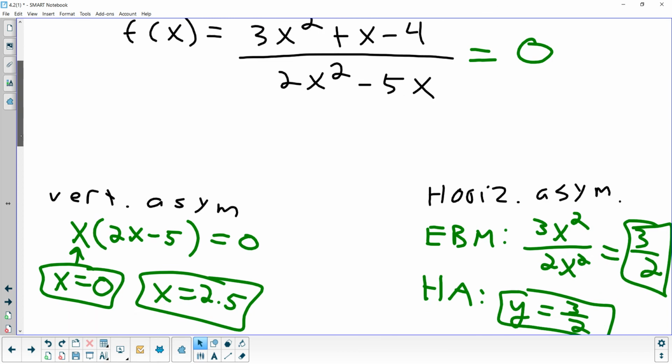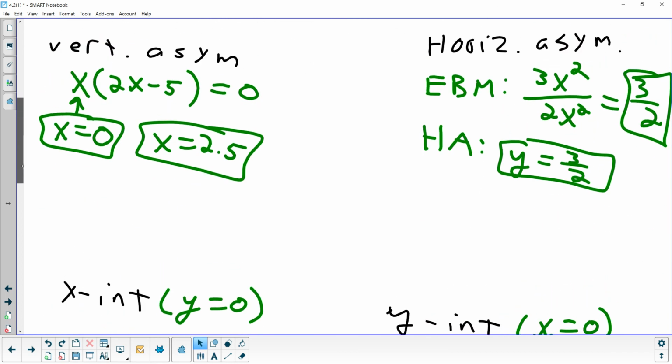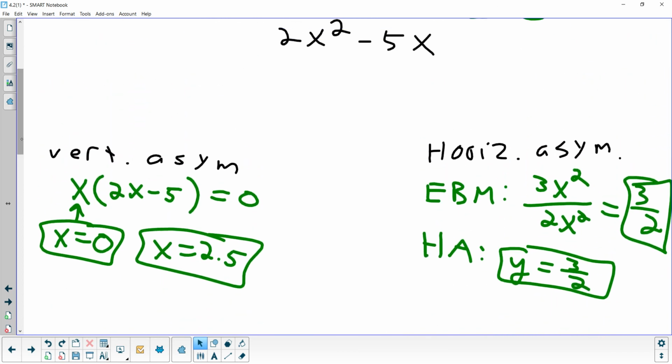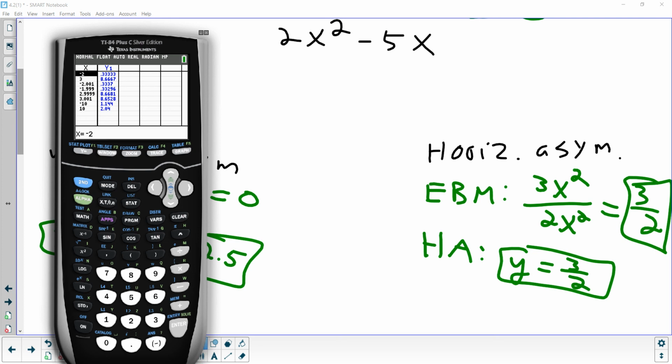Okay, we need a number very close to 0, but let's go a little smaller. Jake? Negative 0.001. And we are at negative 8,000.